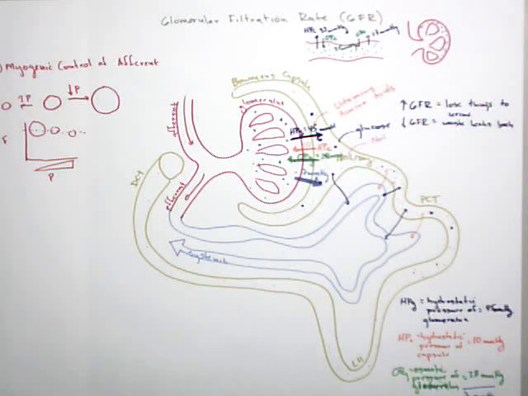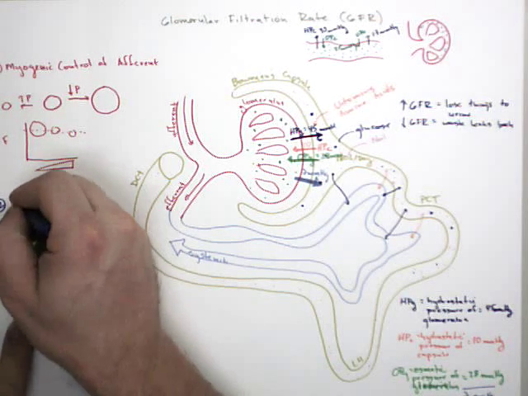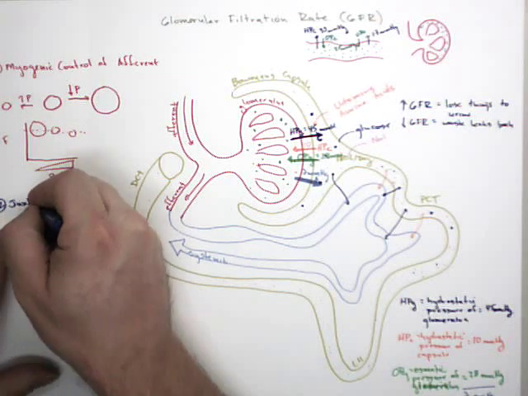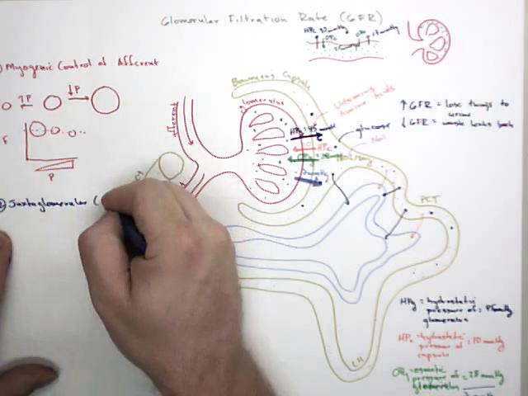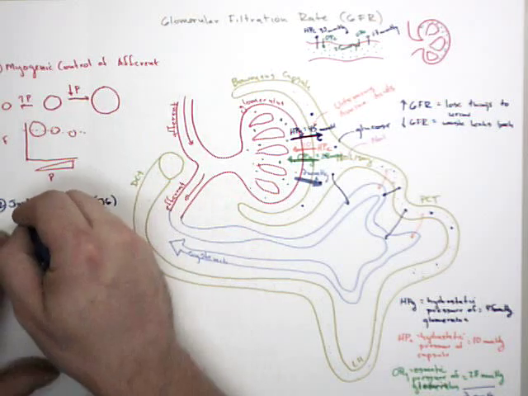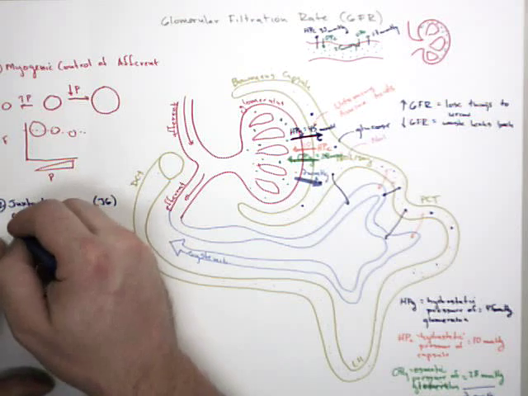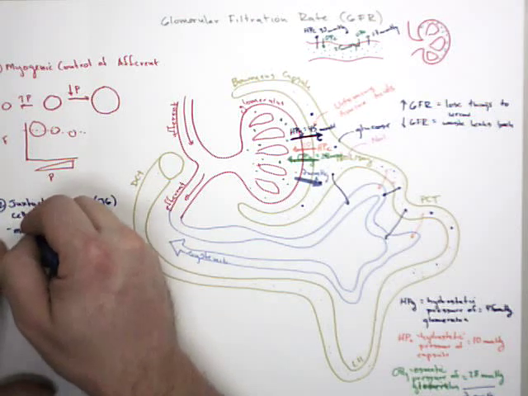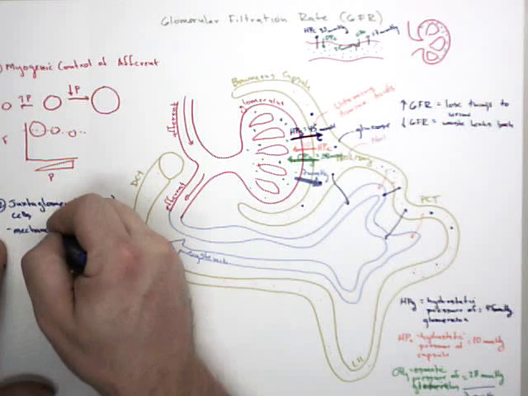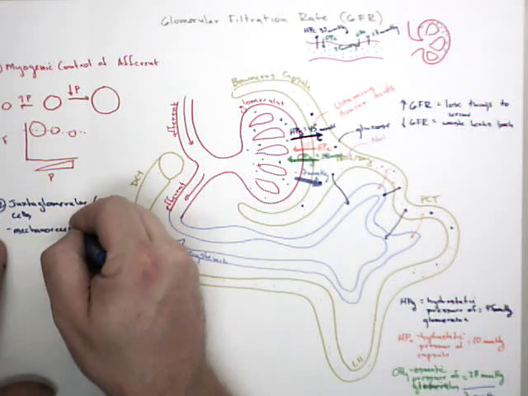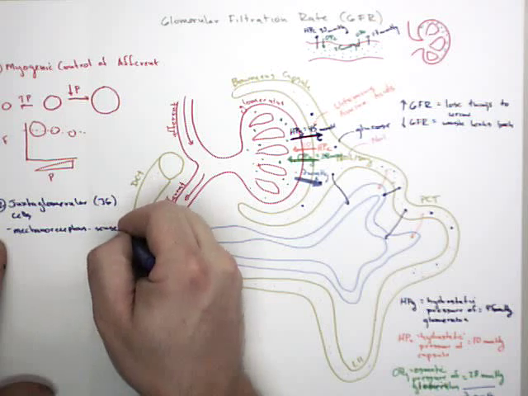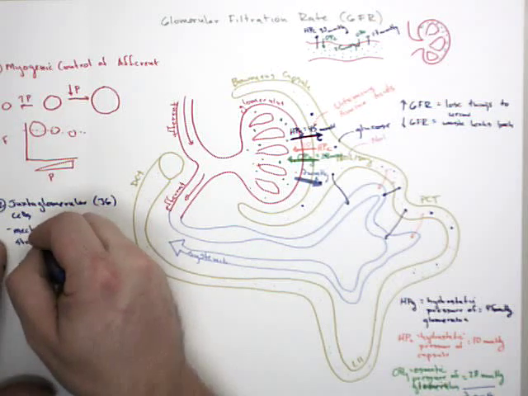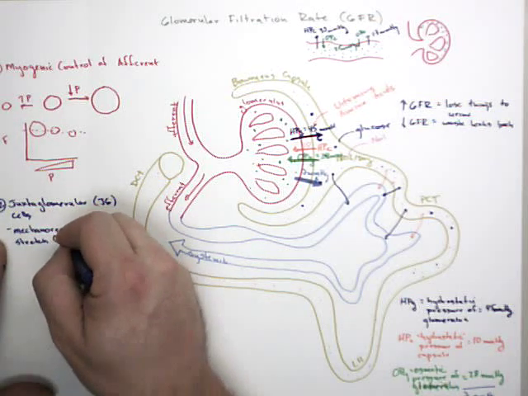A second mechanism that we're going to cover is something called JG cells, or juxtaglomerular cells. JG cells are mechanoreceptors. They sense stretch, which is essentially blood pressure.